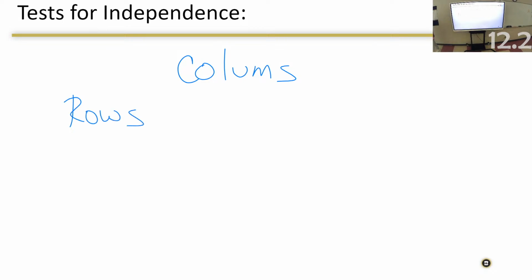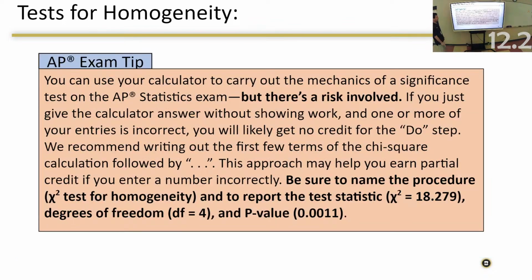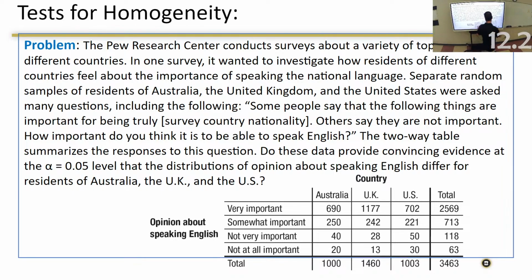If I am comparing or trying to see a difference in just the rows or just the columns, that's homogeneity. Let's go back to my example. It wanted to know if there was a difference between the countries. All I'm comparing about is that. That's homogeneity.